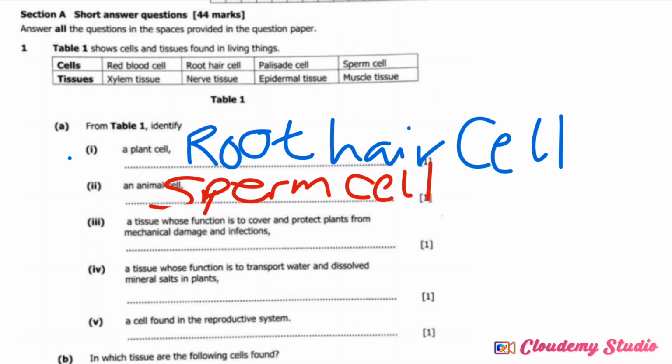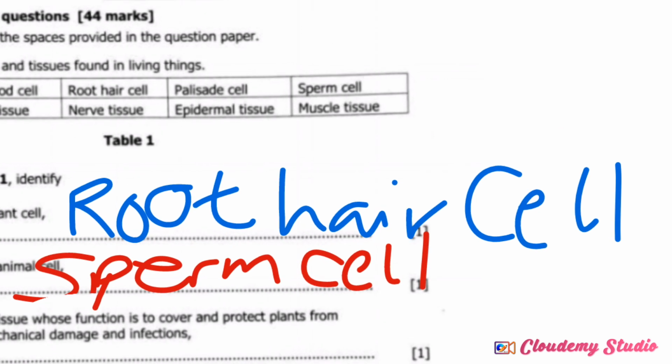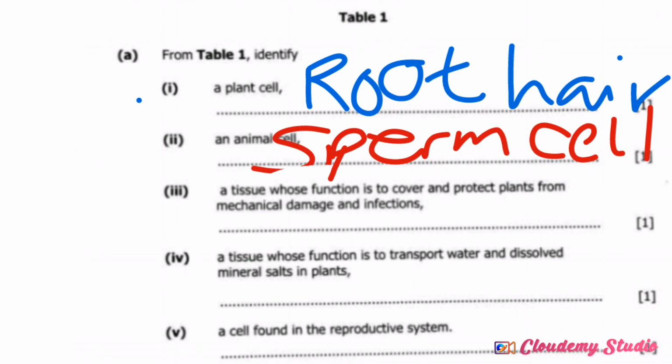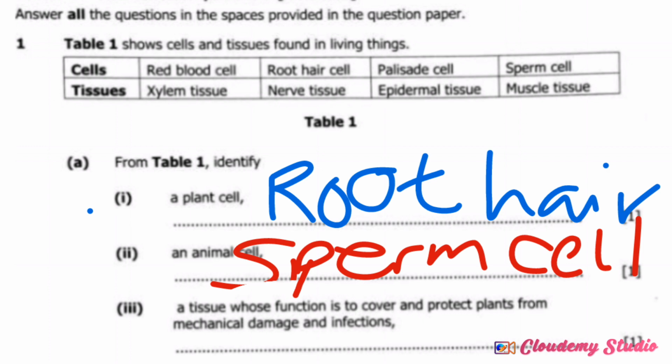The next question, a tissue whose function is to cover and protect plant from mechanical damage and infections. Here they are not asking about cells, so meaning ignore the table of cells. They are asking about a tissue which is used to protect and cover the plant from mechanical damage. So we are only going to consider these tissues which are here, and not those cells up there, but the tissues down here.